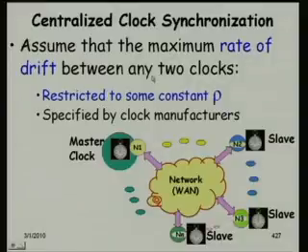So, this is what the manufacturers will tell you: we have manufactured these clocks precisely, and we can guarantee you a maximum rate of drift, that is drift per unit time, of rho. It can be less than rho.